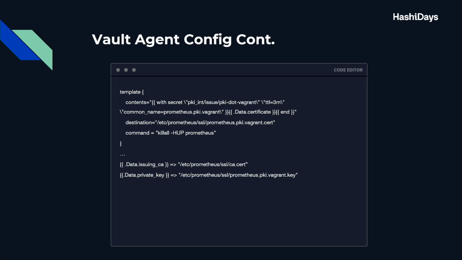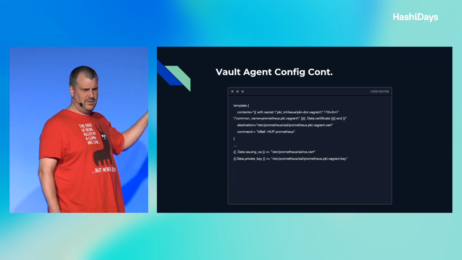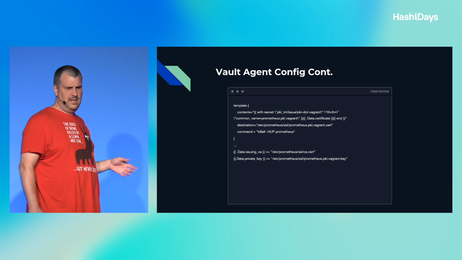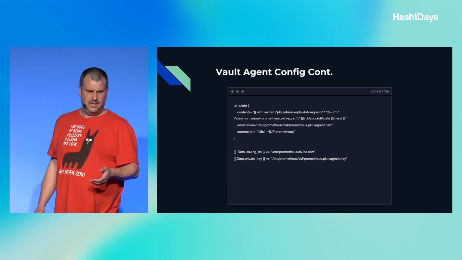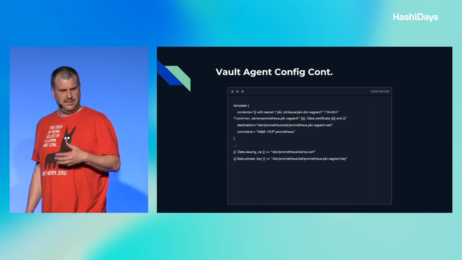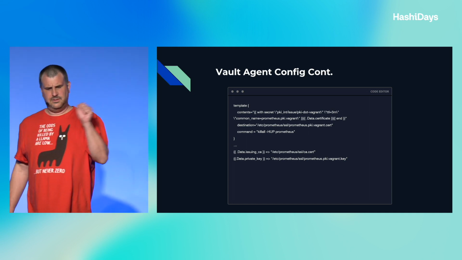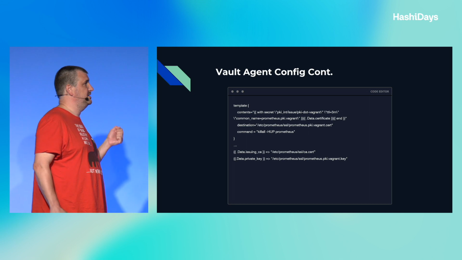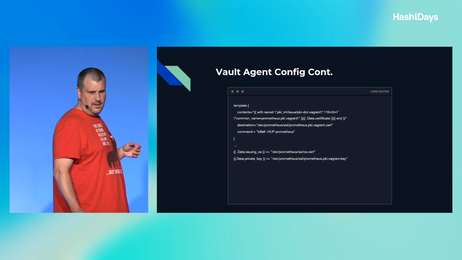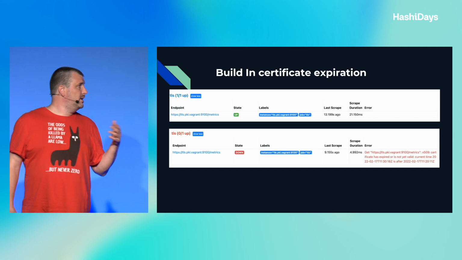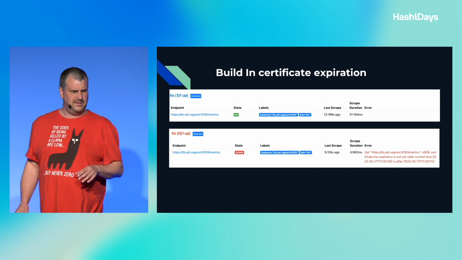So as soon as Vault agent works out that in Vault proper, or the central instance of your cluster, the certificate has been rotated, because you actually can tell them to auto-rotate, we pull them in, stick them on the system, and restart our node exporter. So in our case, it was every 5 minutes.